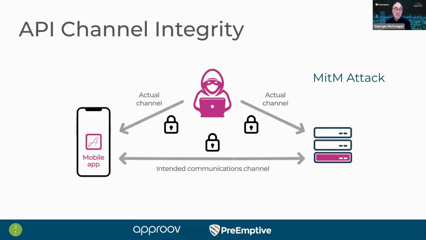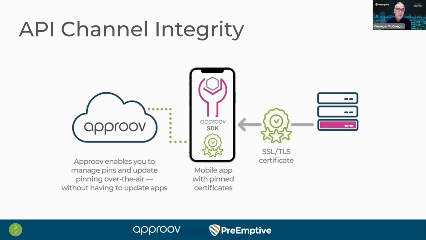Another key thing we talked about was the channel integrity. And you need to be able to protect the channel. And the approach to that is to use certificate pinning. This can be complicated to do if you're not doing it in a dynamic way. So we implement a dynamic pinning approach, which again means that everything can be managed from the cloud, and the pins that you use can be administered over the air.